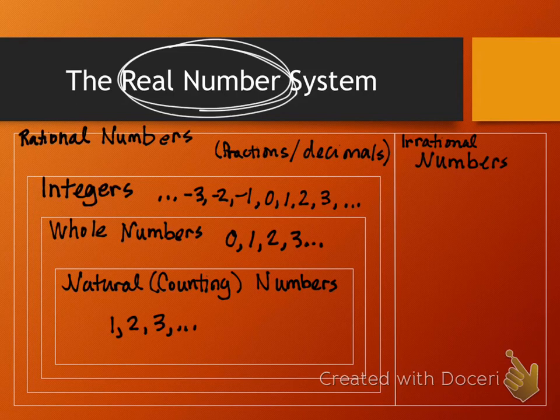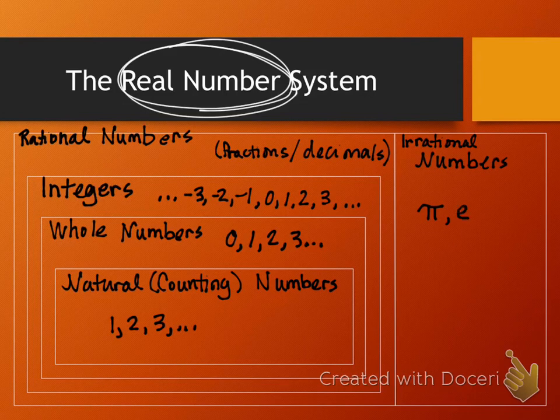Okay? Irrational numbers. There are some numbers that don't fit in the categories that I've already described. They're not decimals like 0.6, and they're not fractions like 4/3 or 3/4. Can you think of any other examples that might not fit that you know of? Pi is a really good one. Pi goes over here. What's that?